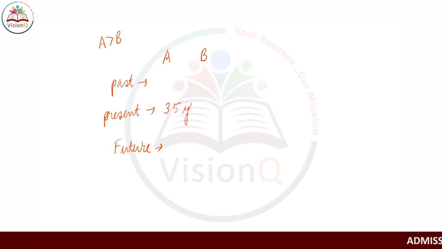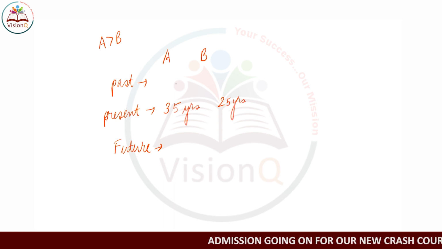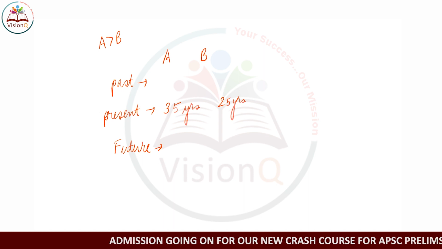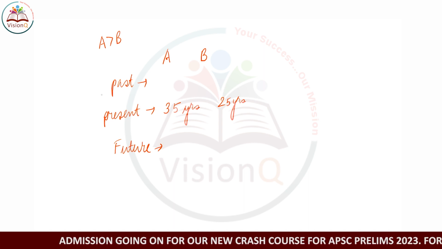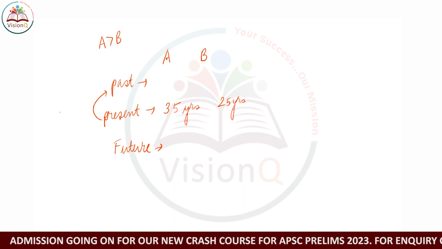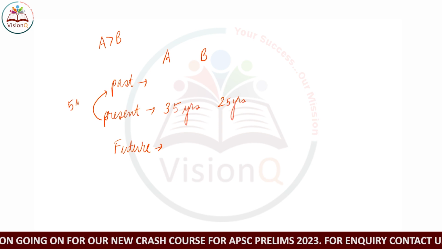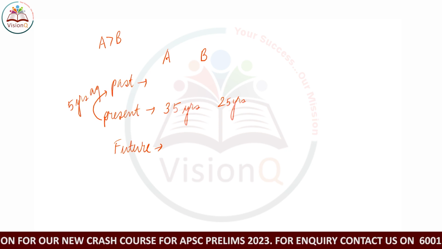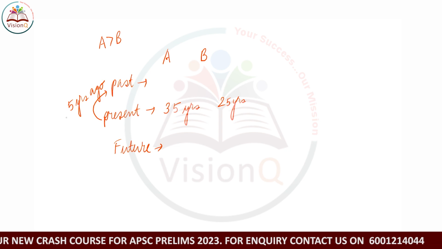And the age of B is 25 years. Suppose in the present the age of A is 35 years and the present age of B is 25 years. Now if it is asked to find out their ages in the past, suppose 5 years ago, that means in the past, that is subtract 5 years.